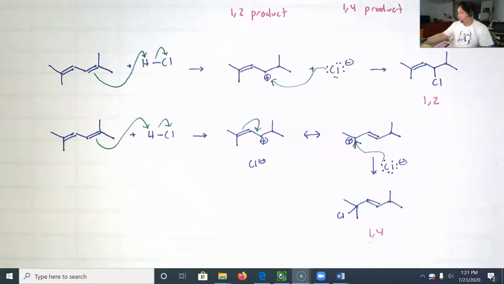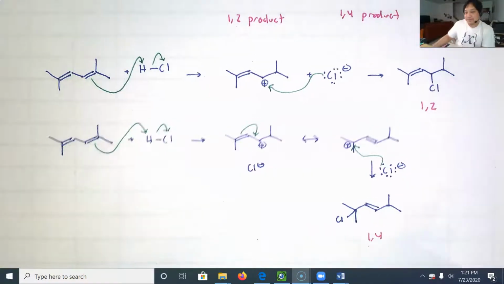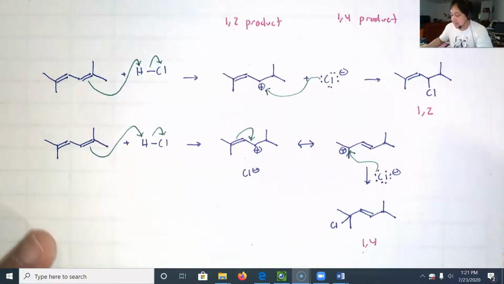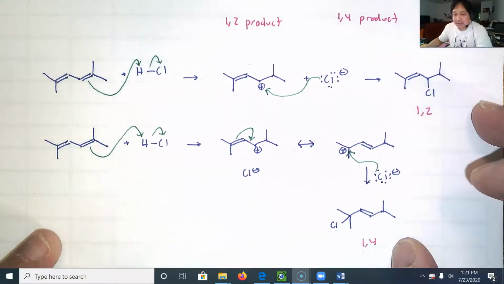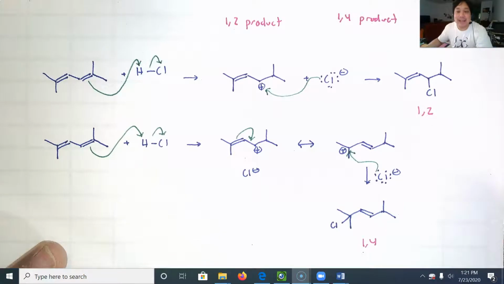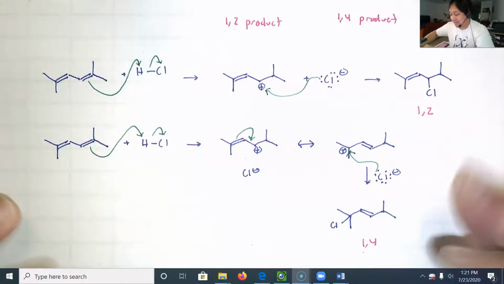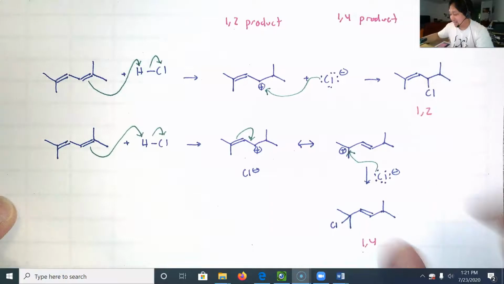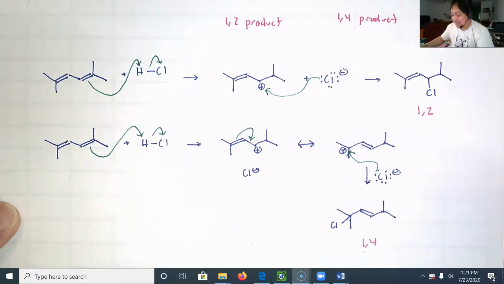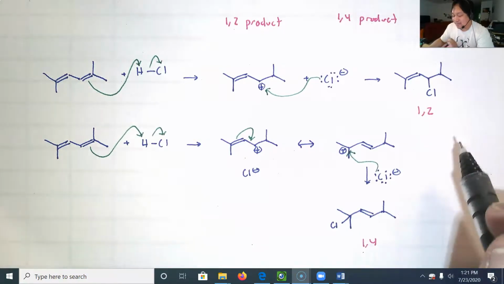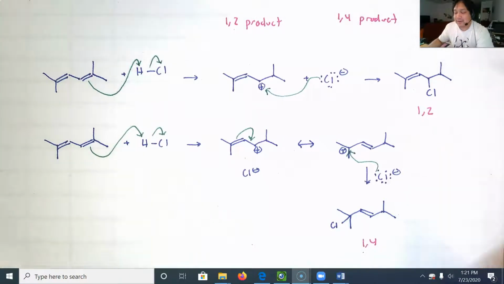Okay, let me tell you about temperature control. Between these two products, which one do you think is the most stable? Actually, this is a bad example to do temperature control because the most stable is also the one that's made fastest.